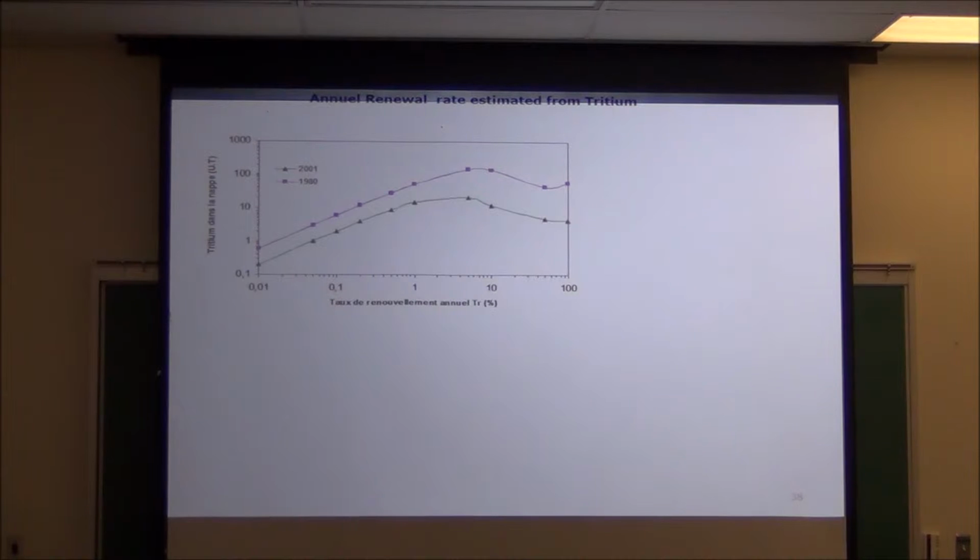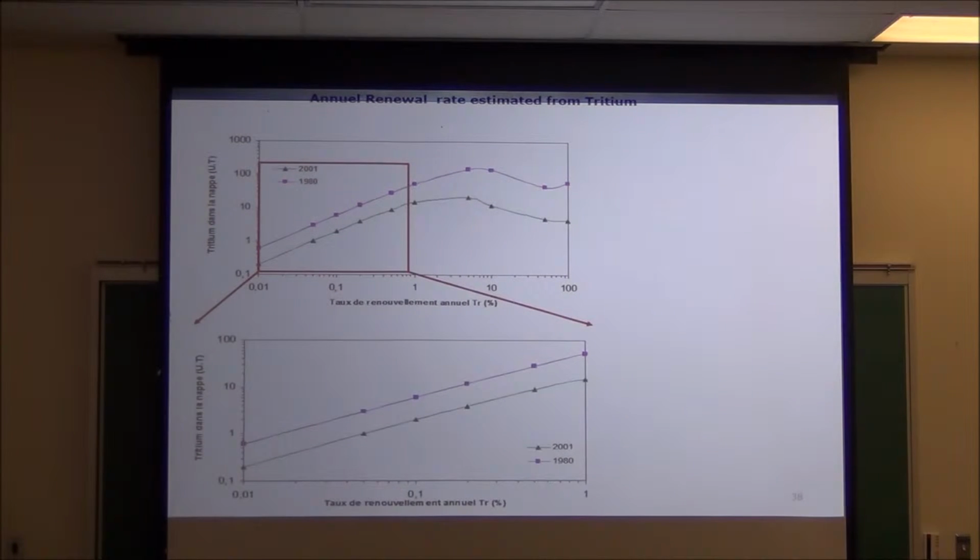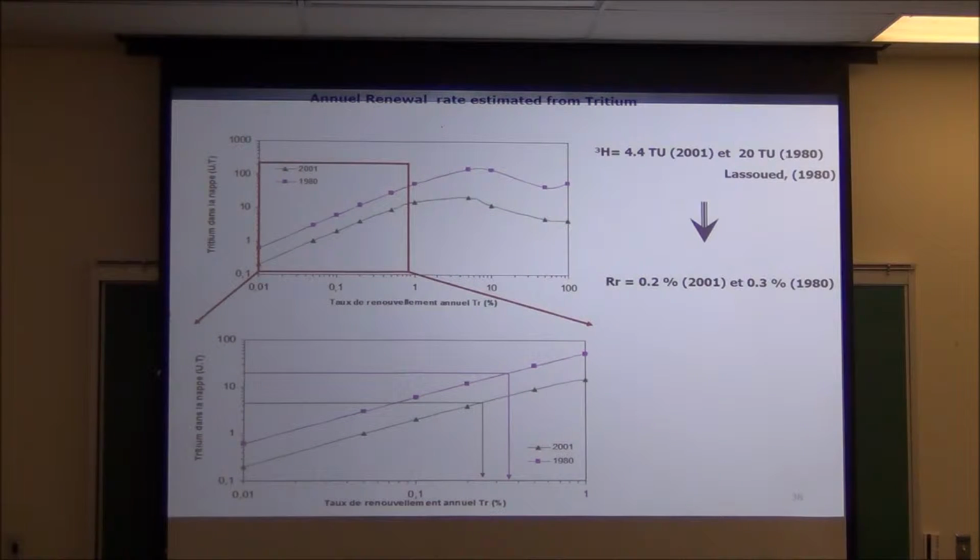The result of the model gives, for 2008, with a median value of tritium in the aquifer, 0.2% of renewal rate, and for 1980 we have 0.3% of renewal rate.